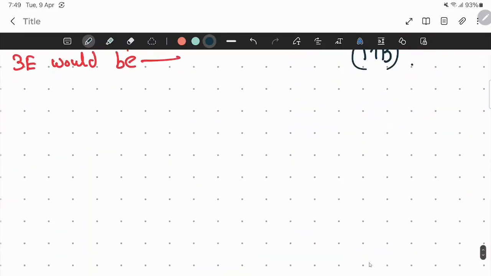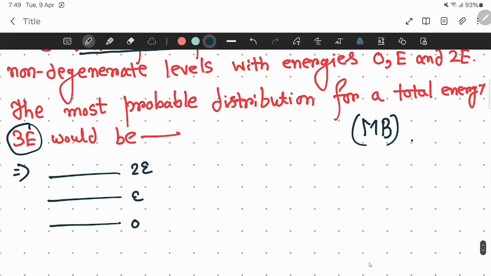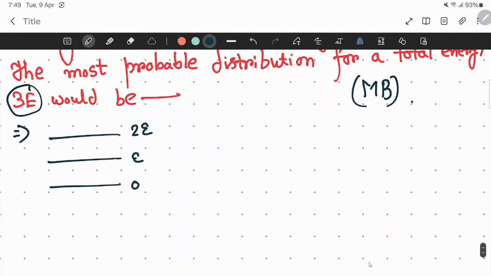So now there are three energy levels: 0, epsilon, and 2 epsilon. Now the total energy should be 3 epsilon. You have five particles. So how many orientations will there be? That you have to find out, the number of types of orientation.